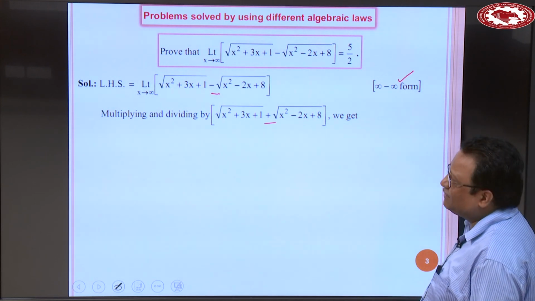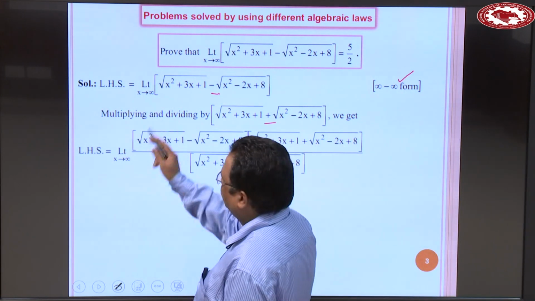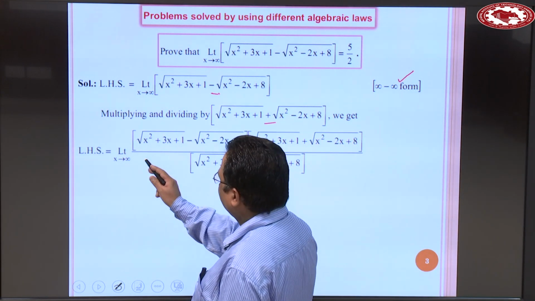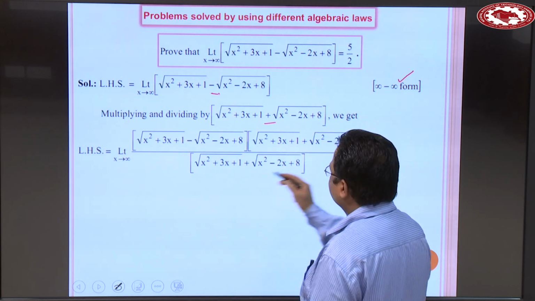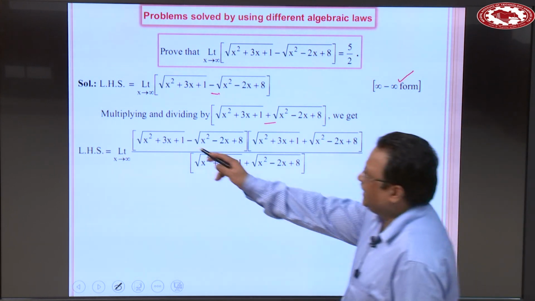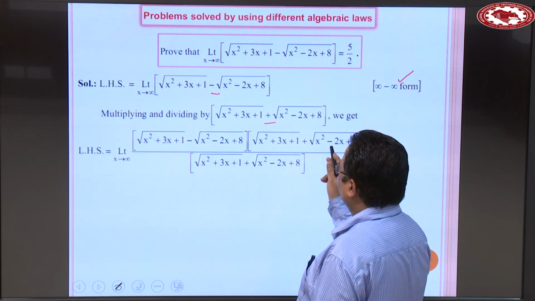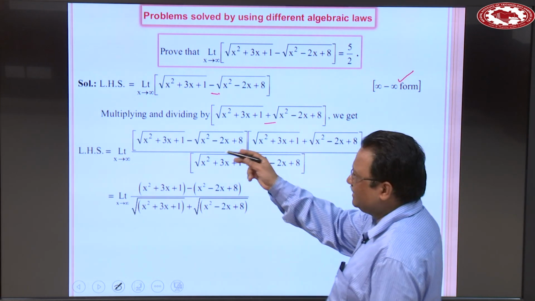So, when you multiply and divide by this term, we obtain on the left hand side limit x tend to infinity, this term as it is, and multiply and divide by this term. Now, a minus b into a plus b, clear? This means a square minus b square.